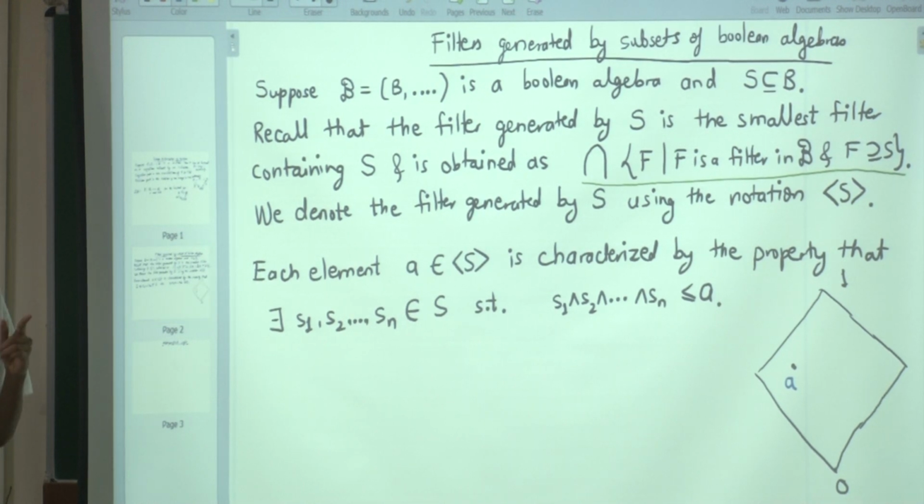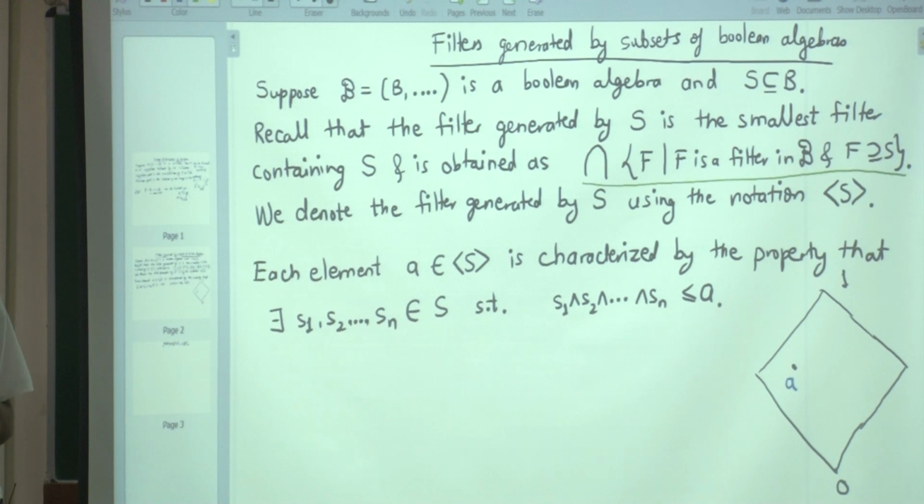What is the definition of a filter? It should contain 1, it should be an upset. So I need to close this under upsets first. I need to consider everything that lies above it. I need to consider the upset. But what if I had another element B?